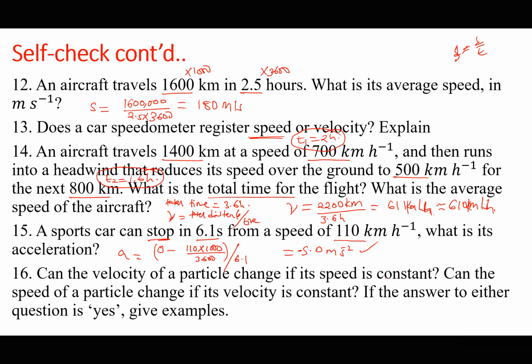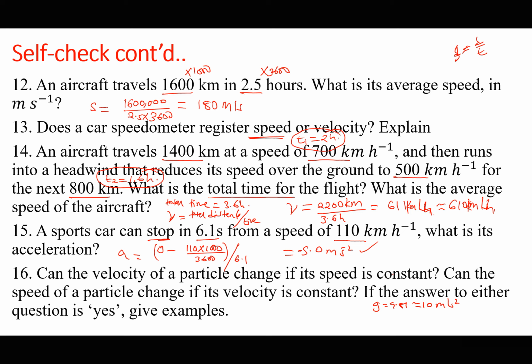We know the acceleration of free fall on Earth is g, which is 9.81, but if it is an estimate, it is always going to be about 10 meters per second squared.